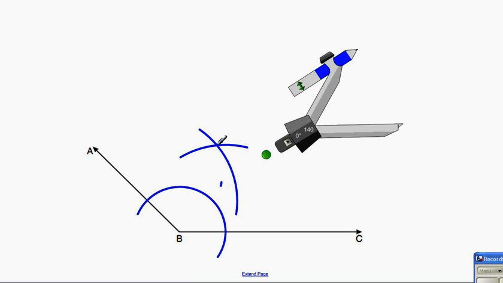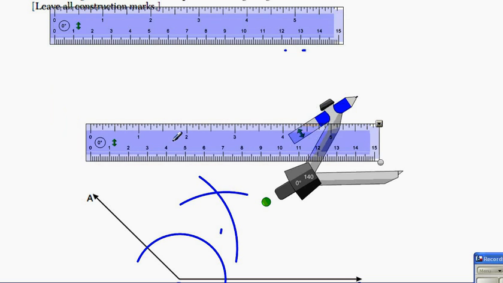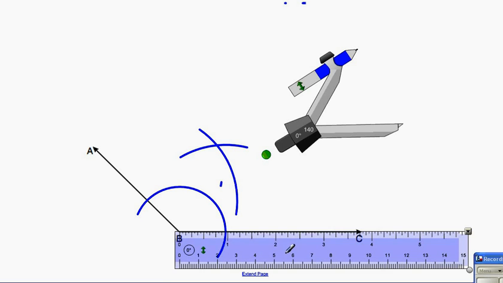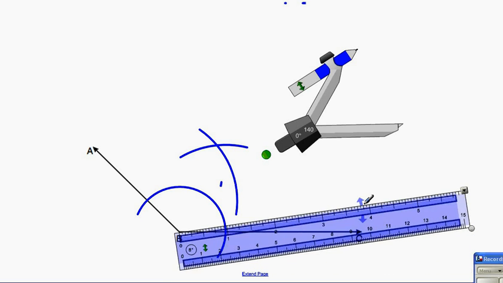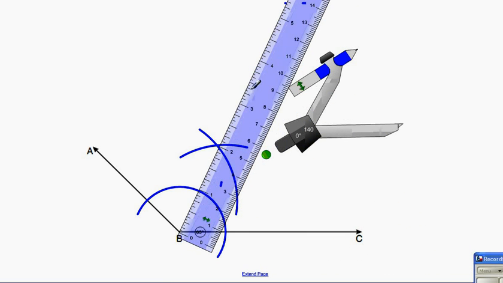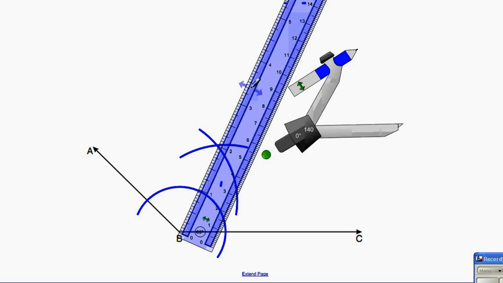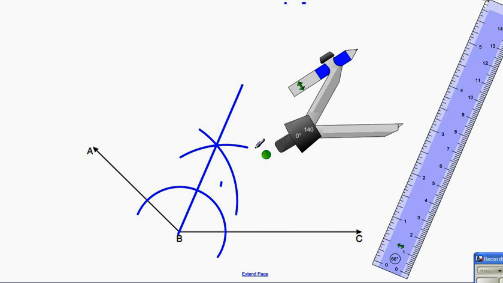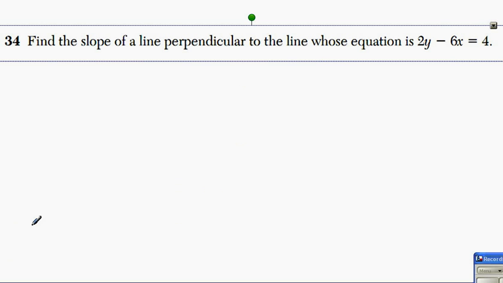Notice that this will be the intersecting point. With the ruler, let me bring down the ruler here, and then draw the line. There it goes. That becomes an angle bisector right there. Alright, let us move on to the next question.